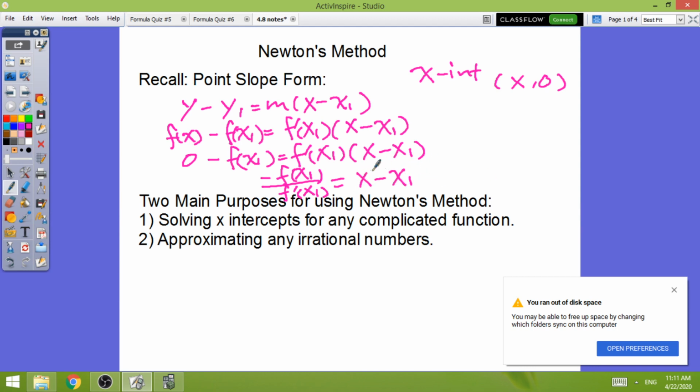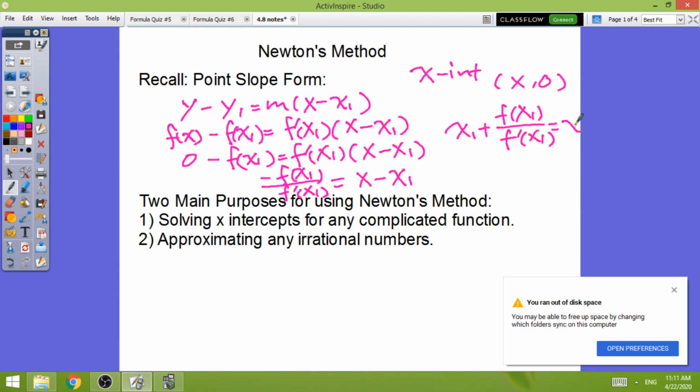Again, we want to isolate x by itself, so we take negative x1 to the left-hand side. Eventually it's written as x1 minus f of x1 over f prime of x1.